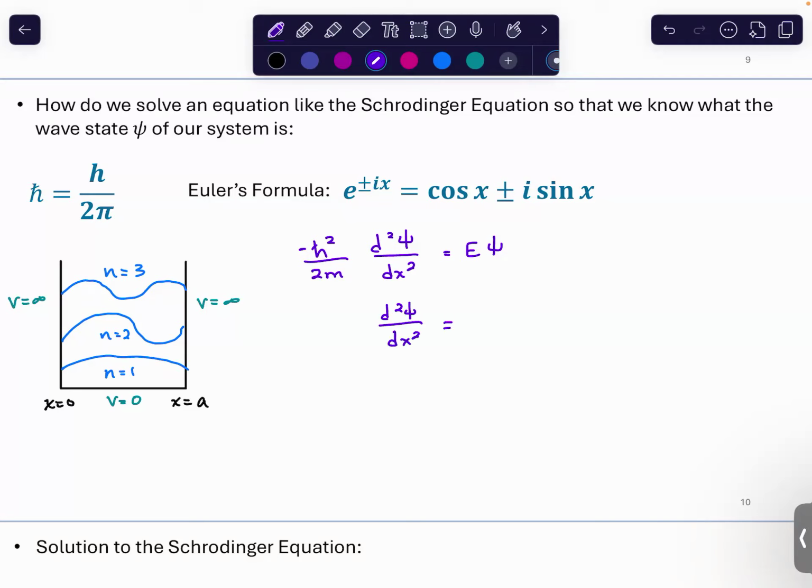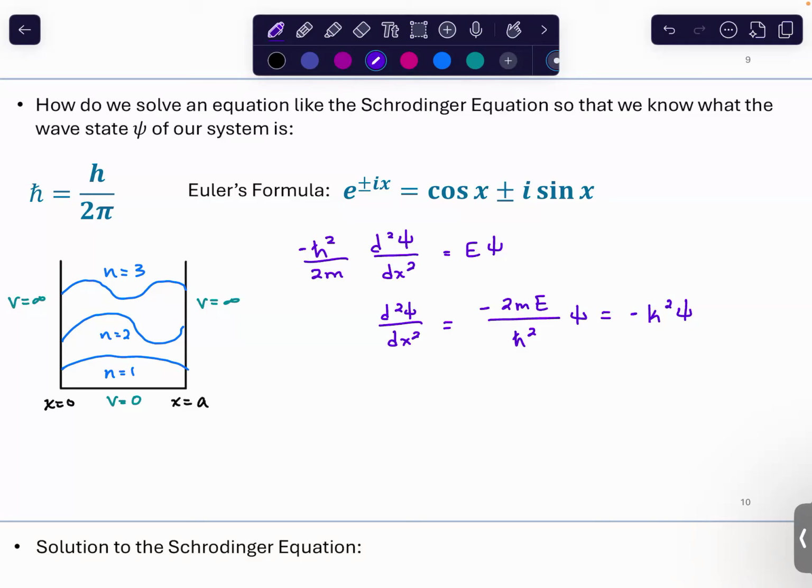So on this side, we're going to get negative 2me over h bar squared psi. And what we're going to call this, because this is going to be negative k squared psi. We're going to say that all of this becomes a constant that we're going to call k squared.